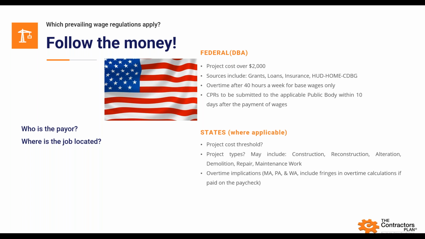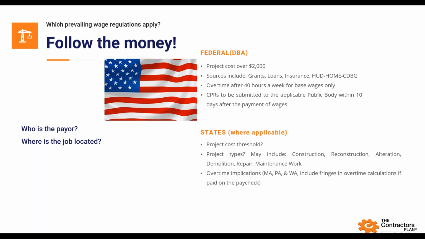So which prevailing wage regulations apply? I mean, that's one of the most common questions and sources of confusion. And it's sort of like back to when Nixon was being investigated: follow the money. Where did the money go? Is this federal money or is this state money? Is it dual? Is it state and federal?